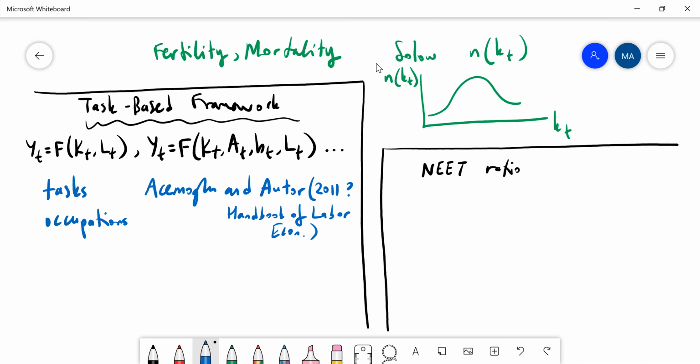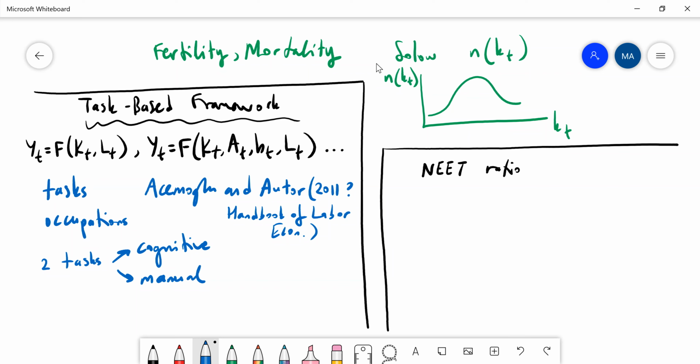Let's suppose that there are two tasks. One is cognitive, and the other is manual. Suppose that you are running this firm. You have two types of tasks to be performed for the good or the service to be produced.